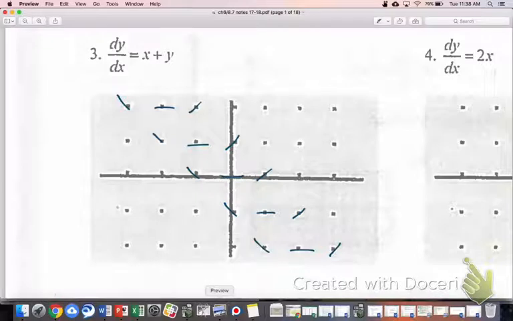Another look at a little more of a developed pattern. You guys seeing that? Yeah. Okay.